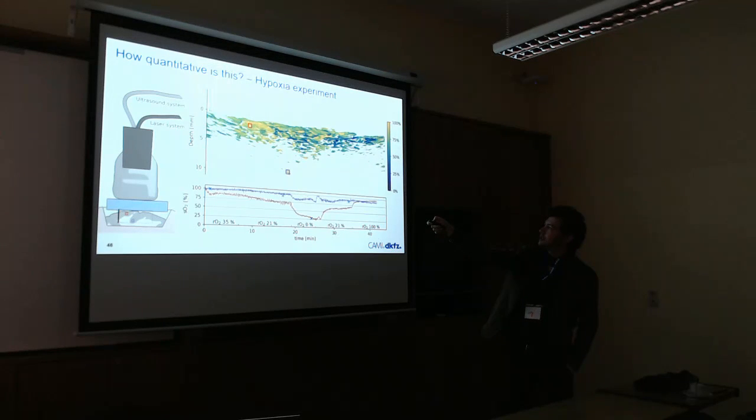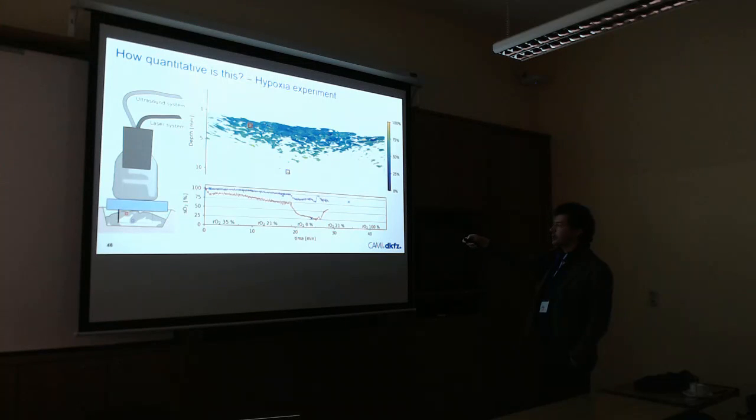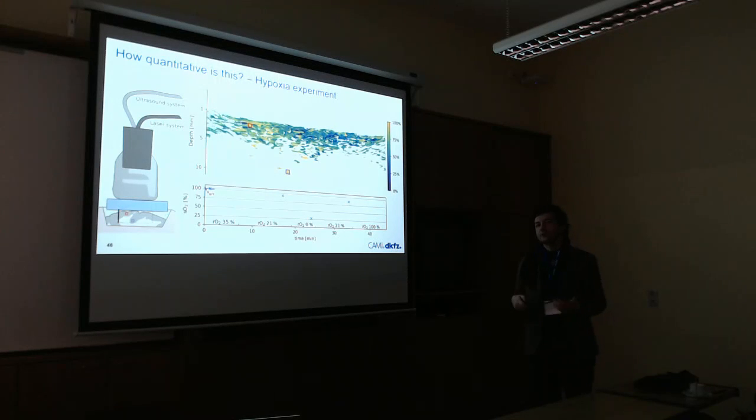These are two arterial vessels, and followed them, and you see the superficial one kind of follows the general trend of the reference measurements that we took. We get not quite a quantitative but a physiological estimate of SO2.